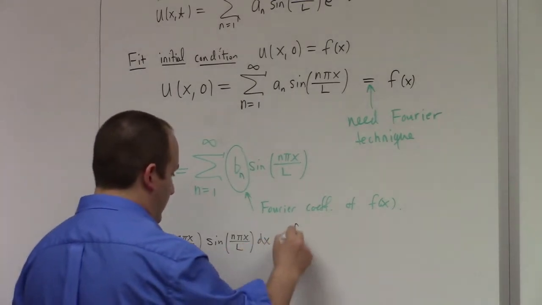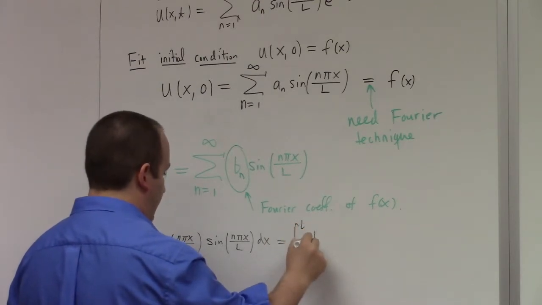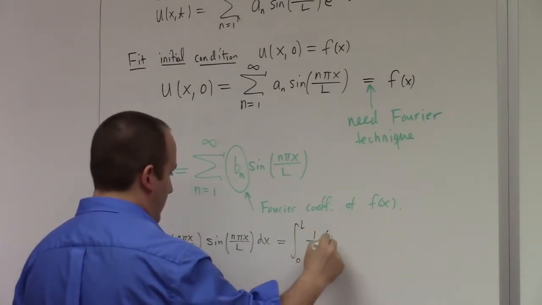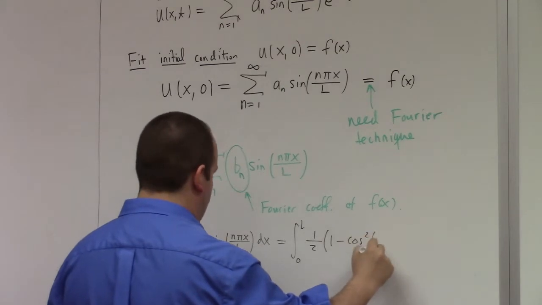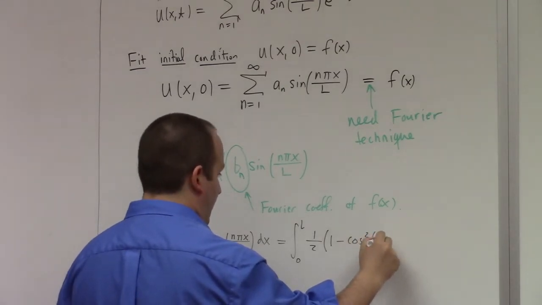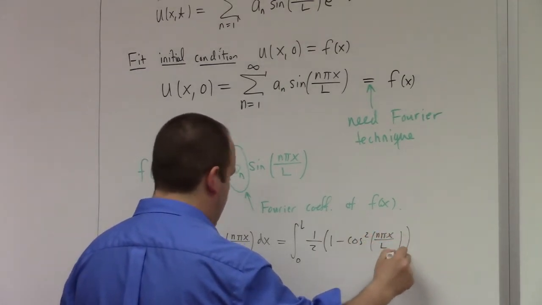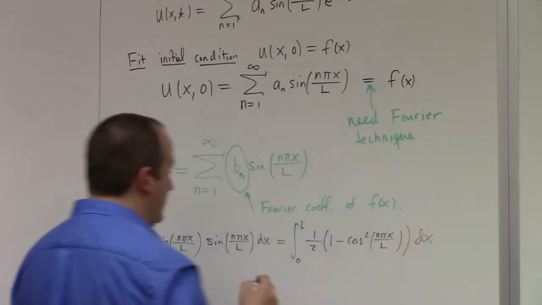This would be the integral from 0 to L of 1/2 times 1 minus cosine n pi x over L dx.